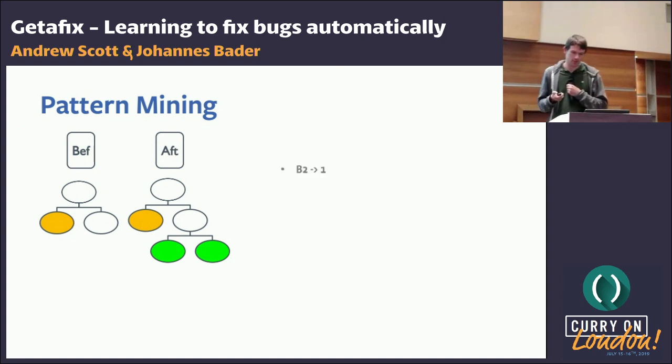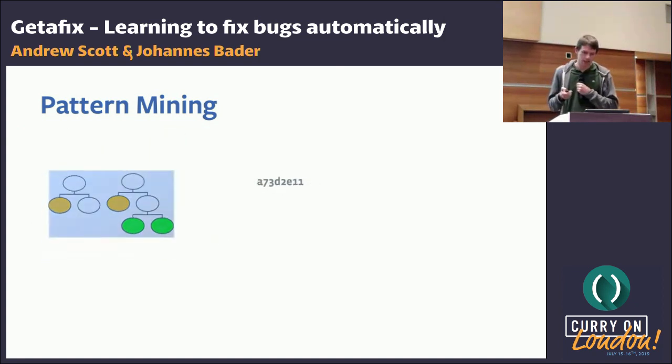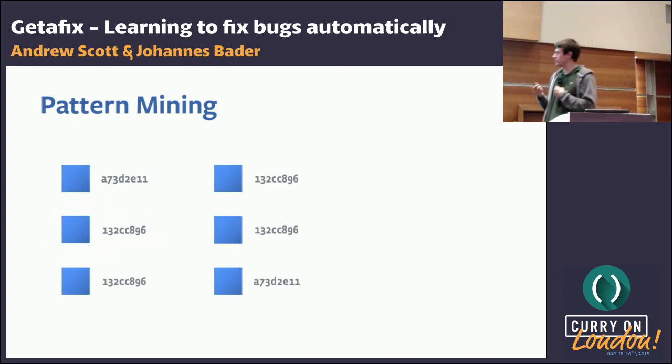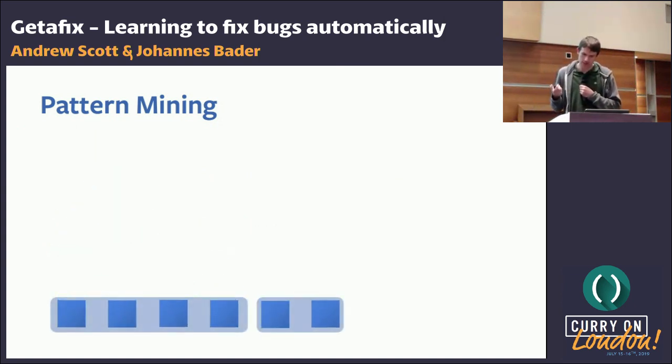So here, for example, there's one modified node at level 2 in the before, one modified node at level 2 in the after, and two modified nodes at level 3. So we'll turn that into some sort of hash. We'll compute one of these hashes for each of the original edits that we're starting with, and then partition based on those hashes, and then we'll perform hierarchical clustering independently on each of these partitions.